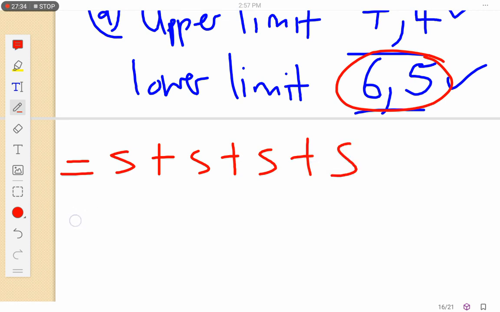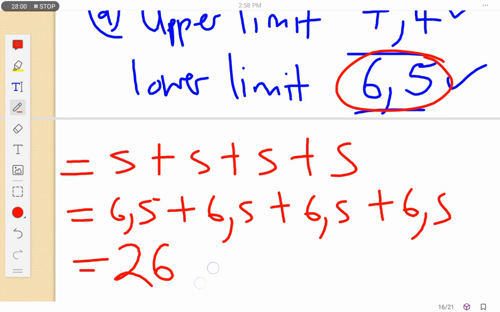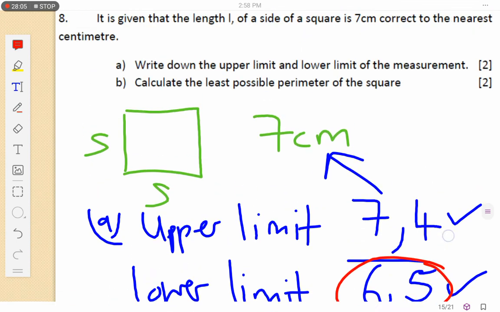So it's going to be 6.5 plus 6.5 plus 6.5 plus 6.5. I'm getting 26. So our perimeter is 26 centimeters. Even if we're going to calculate the area, you could use that.